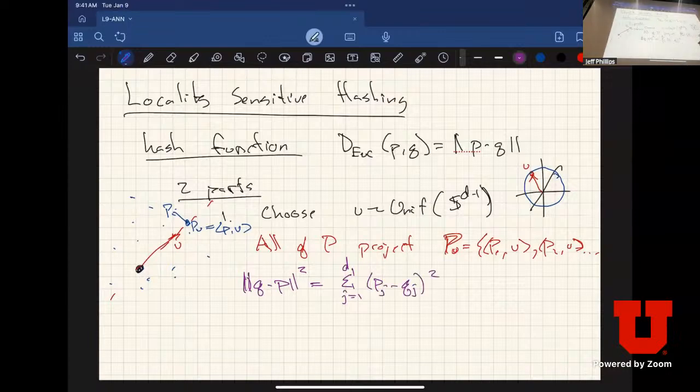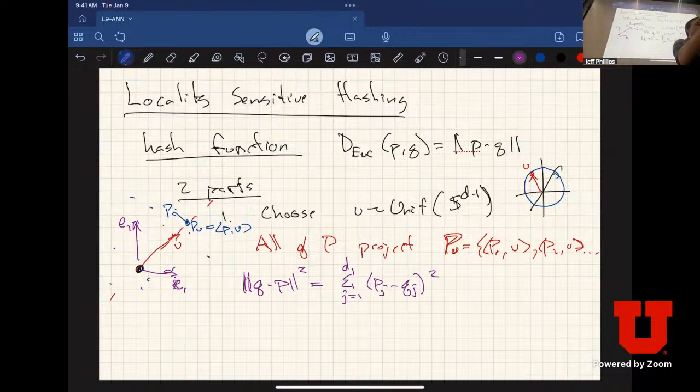So it's the sum of the squared distances along the orthogonal coordinate system. This is the first direction E1, the second direction E2. But if I rotated this coordinate system, the Euclidean distance is the same. Euclidean distance is invariant to rotation of the coordinate system.